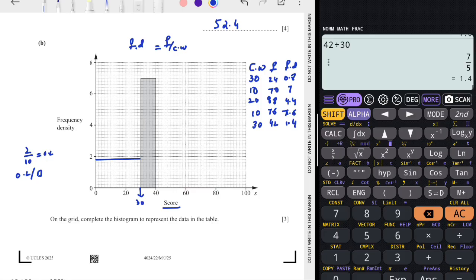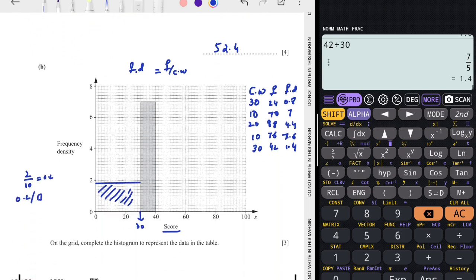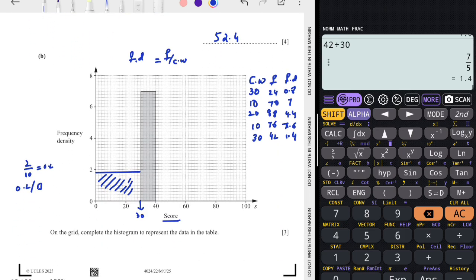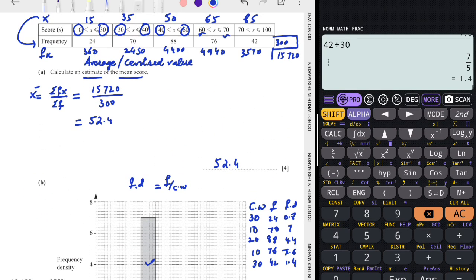So the first rectangle would be made over here. Now the next class interval is 30 to 40, for which the rectangle is already drawn, this one. Now the next one is 40 to 60, and the frequency density of 40 to 60 is 4.4.